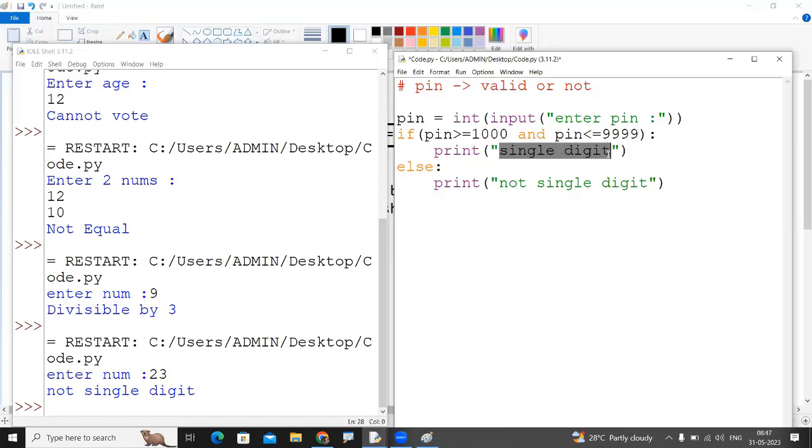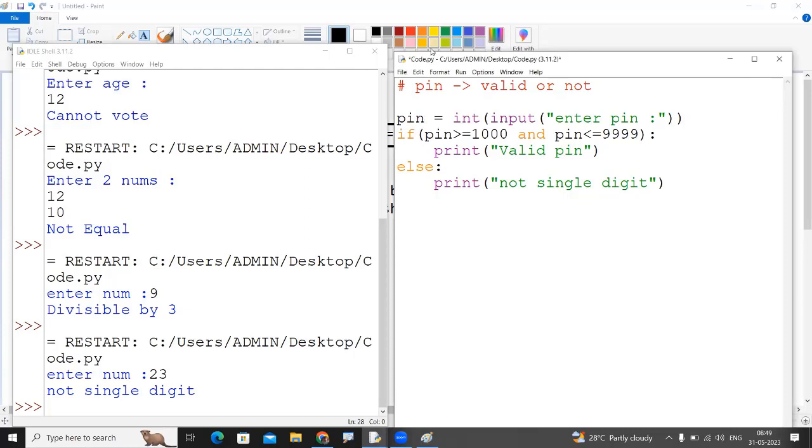Yes, ATM PIN number is valid. Please do this. Whatever values you enter at runtime, those values only will come here. That's it. See, you are writing the condition for a PIN number.